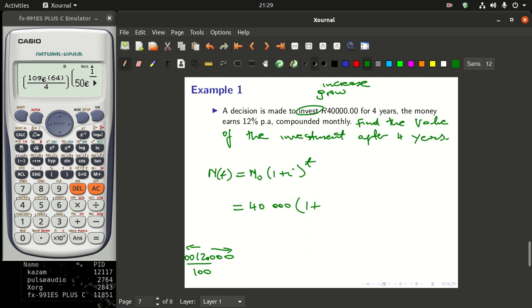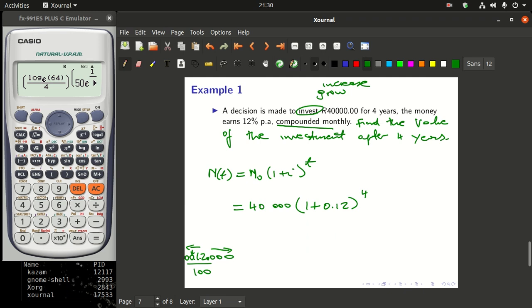How many times? You ask yourself, how many zeros in the denominator? I have 2, so I move it once, twice. I end up having 0 comma, then 1 2, because the comma is just in front of the 1. And at t we are supposed to have 4 years. So this is how you actually solve this problem.